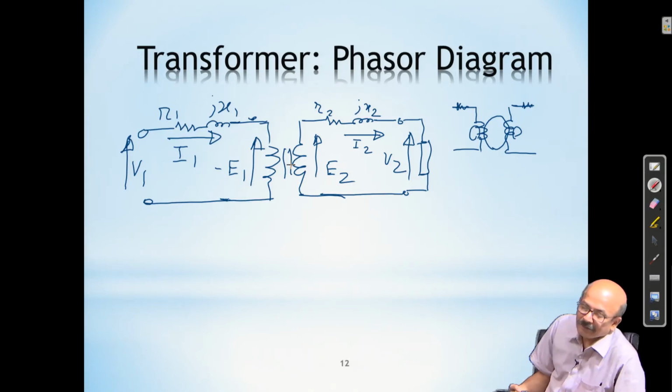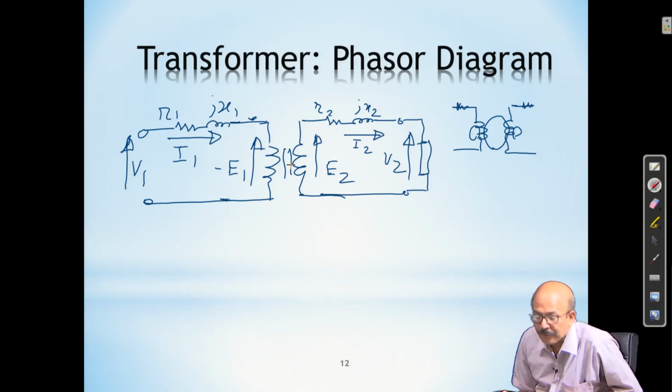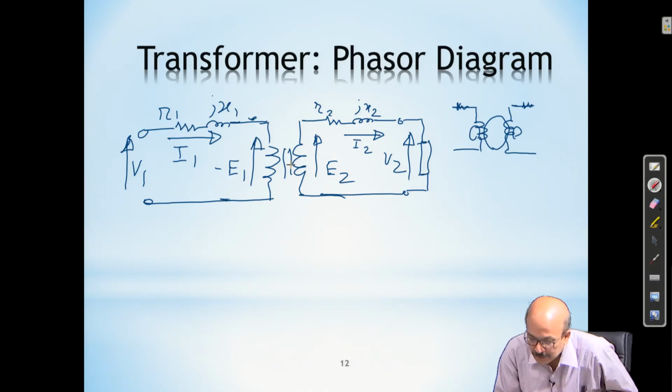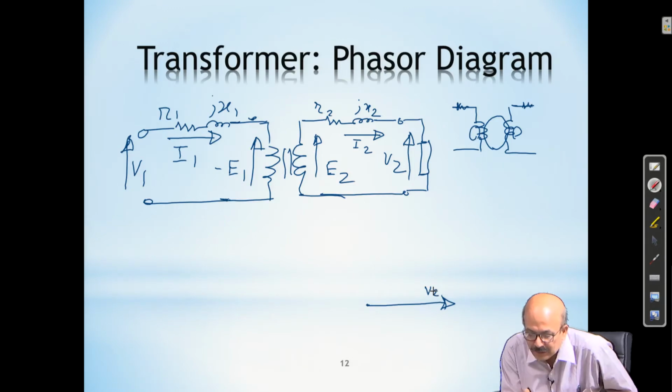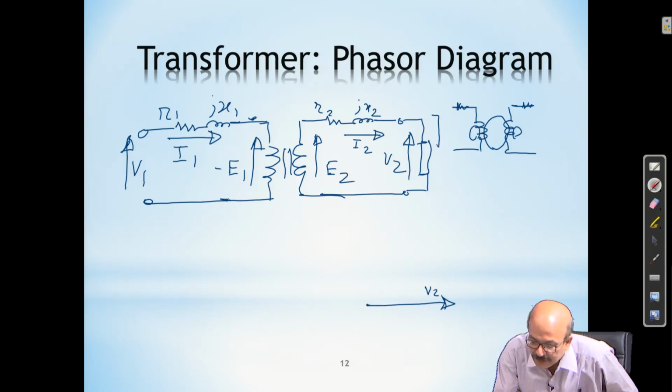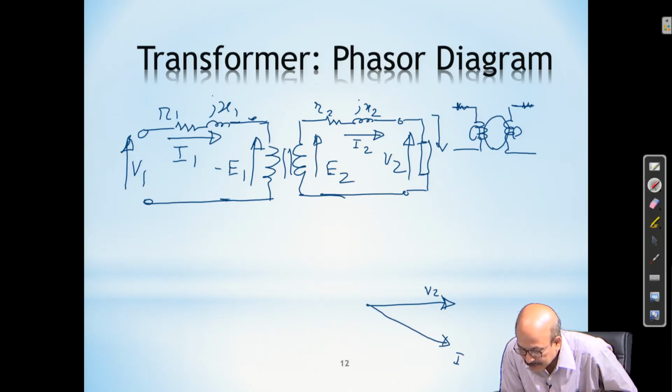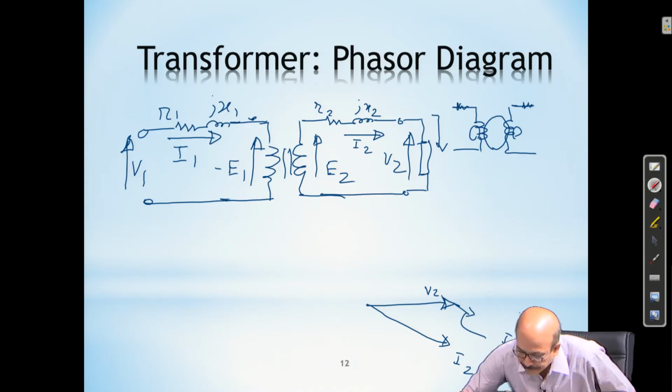How to draw the phasor diagram for this transformer? We start from V2. So, this is my V2, and then current I2, depending on the load power factor, you can draw I2. So, this is my I2, and then the I2 R2 drop, add it up, and j times I2 X2.